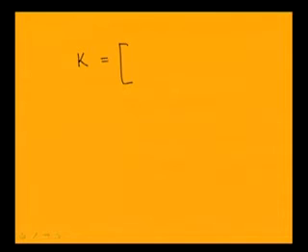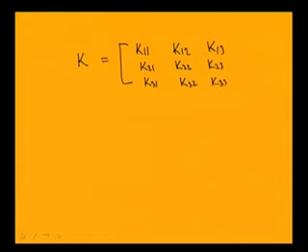So, the stiffness matrix K can be written as K11, K12, K13, K21, K22, K23 and K31, K32, K33. So, this K11 can be defined as the force required at 1 to have unit displacement at 1.